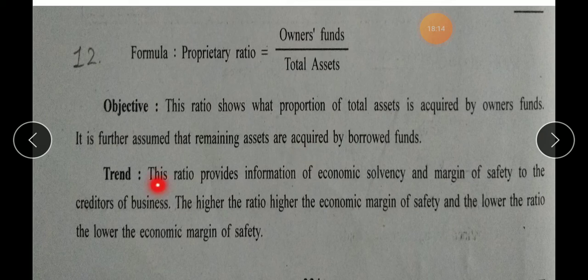This ratio provides information on economic solvency and margin of safety to the creditors of the business. The higher the ratio, the higher the economic margin of safety, and the lower the ratio, the lower the economic margin of safety.